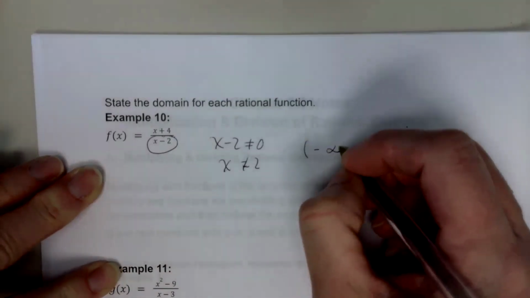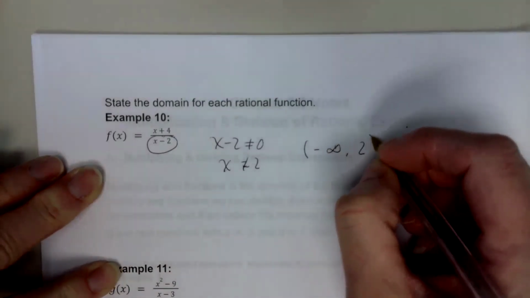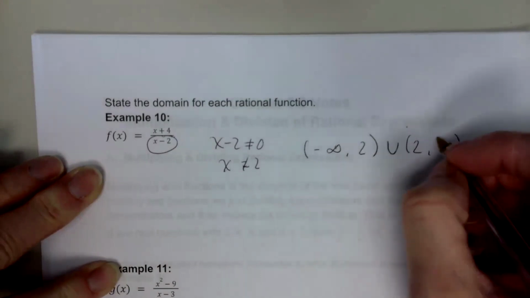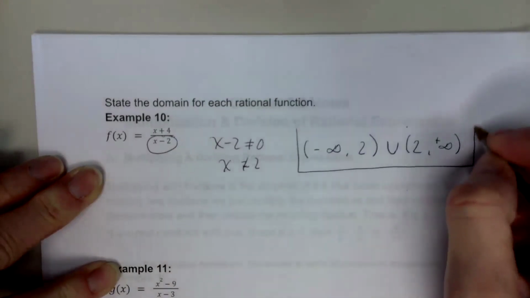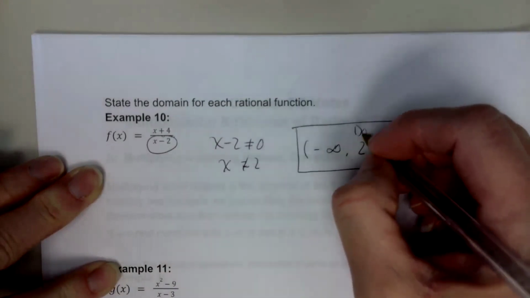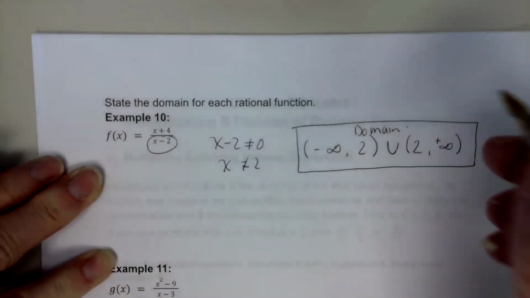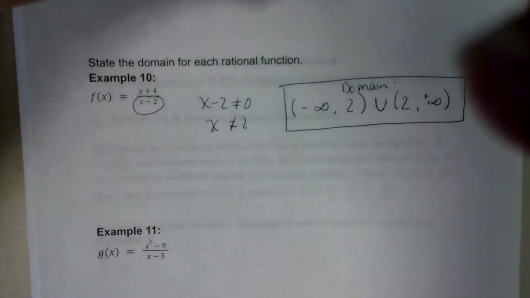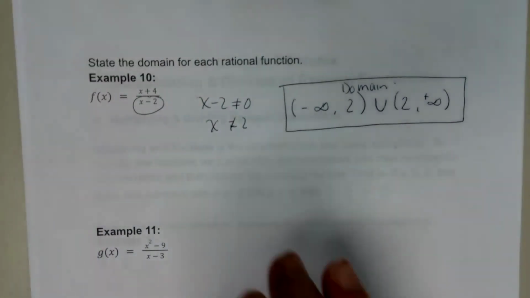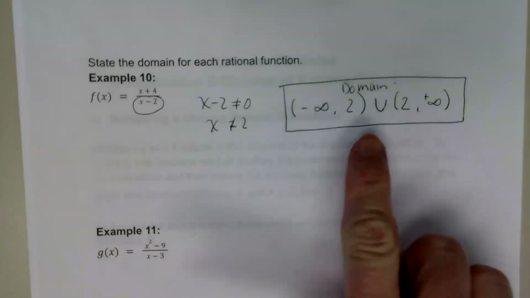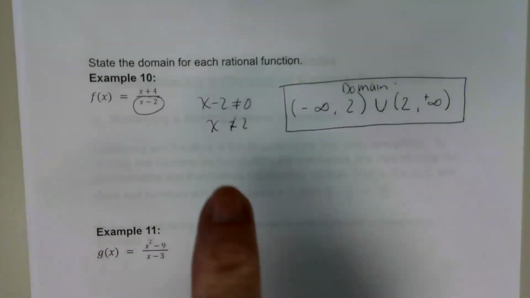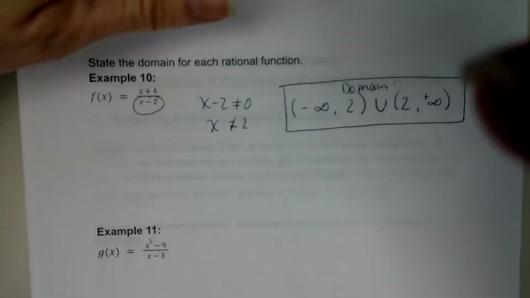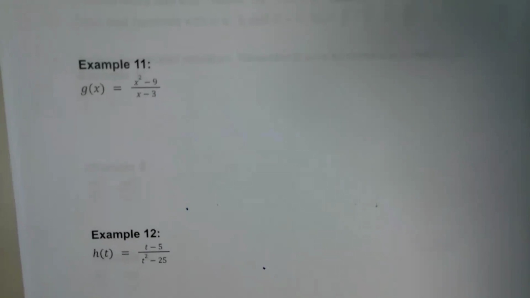So we have negative infinity up to 2, parenthesis, union 2 up to positive infinity. That's our domain. We're going to learn in Math 151 what that tells you when that's not an allowed value. That's exciting. There's something to focus on.